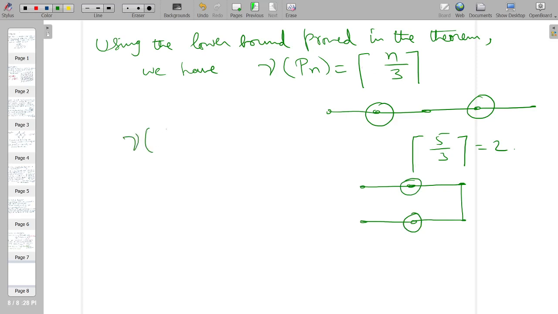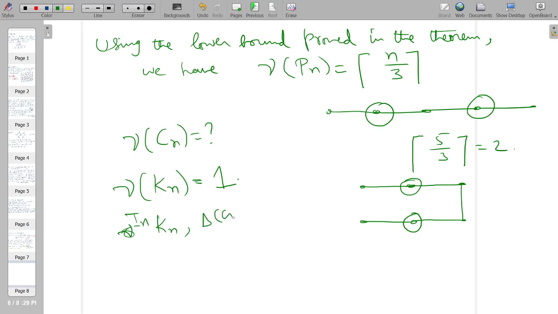Similarly, you can also find the domination number of a cycle, and the domination number of a complete graph on n vertices as 1. Here you can apply both the upper bound and lower bound. In Kn, the maximum degree delta of G would be n minus 1.